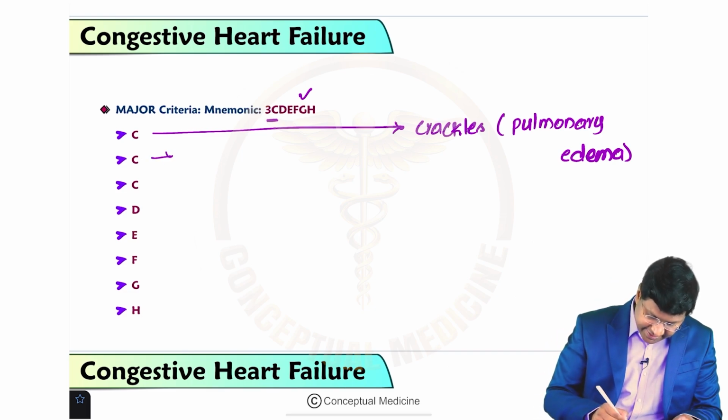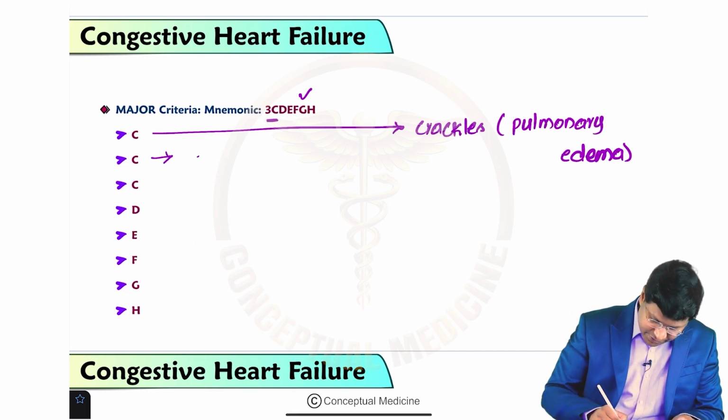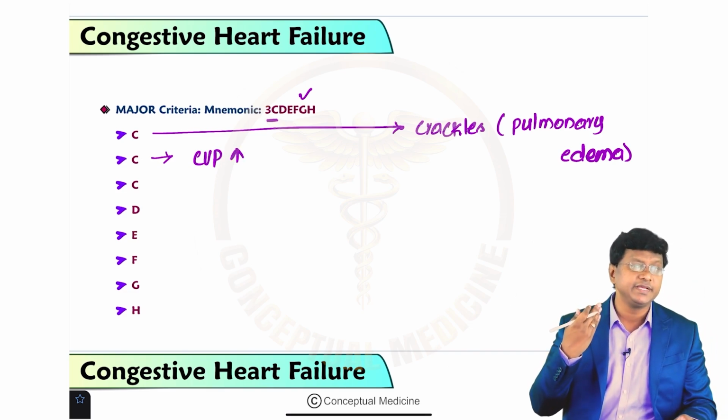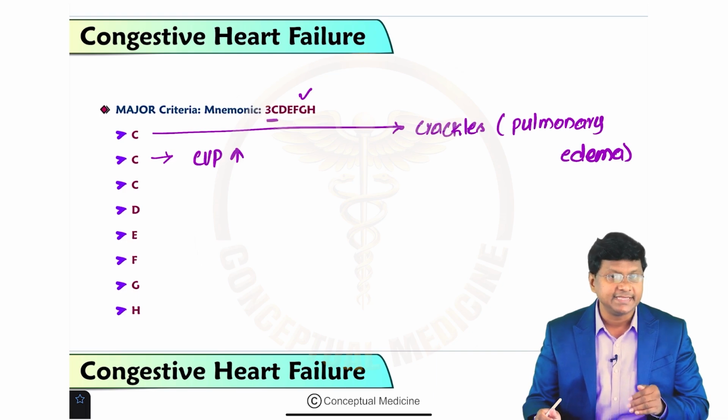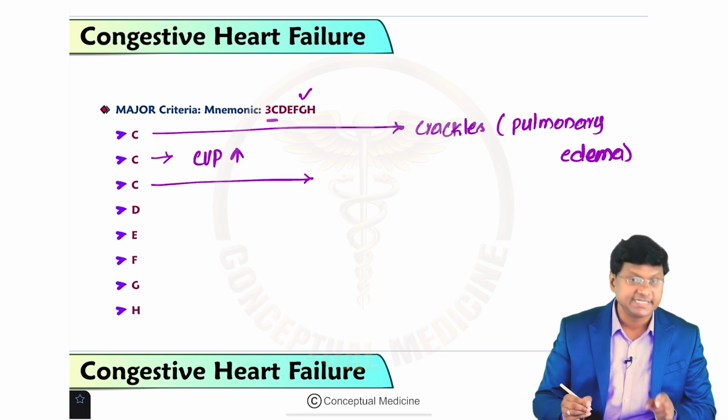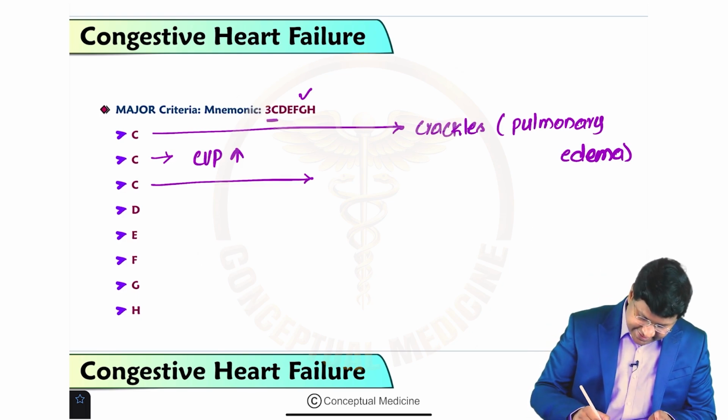And the other C is the central venous pressure. So central venous pressure is raised. There will be increased neck vein distension, and that is because of the right heart failure. And another C stands for cardiomegaly on the chest X-ray.